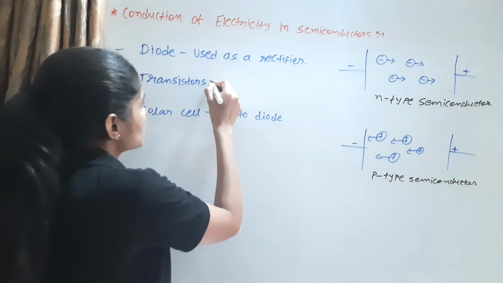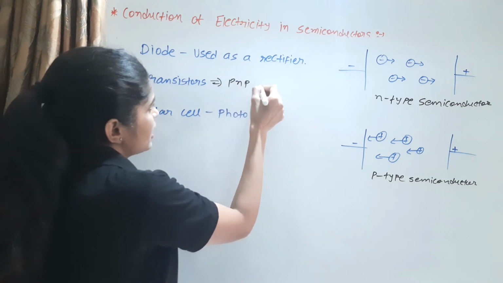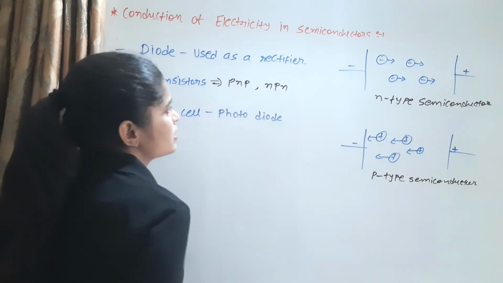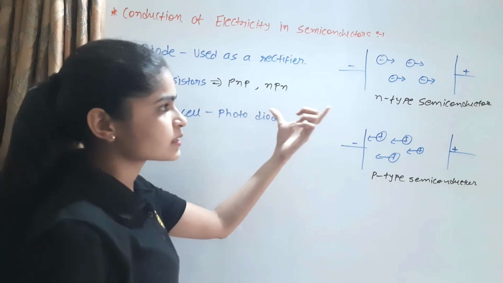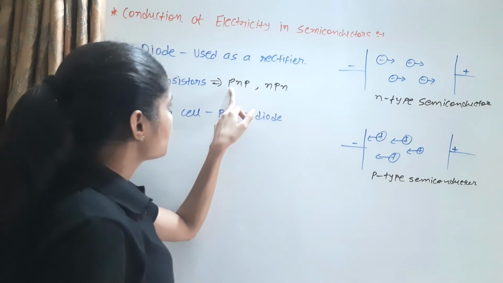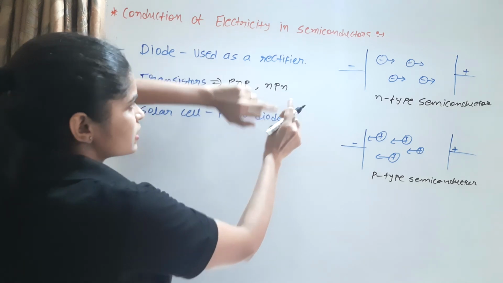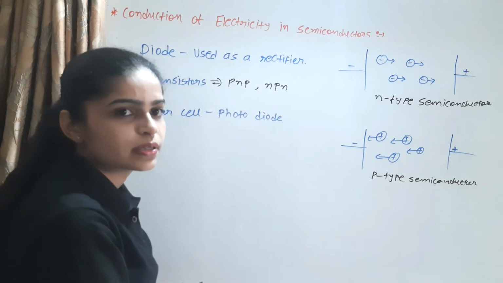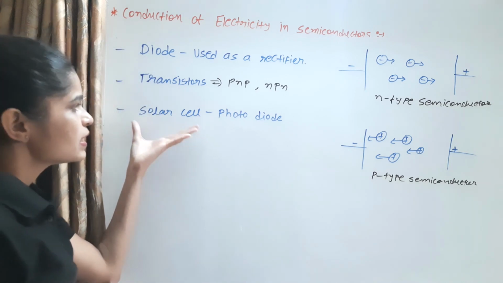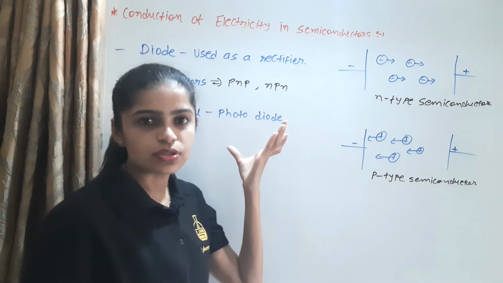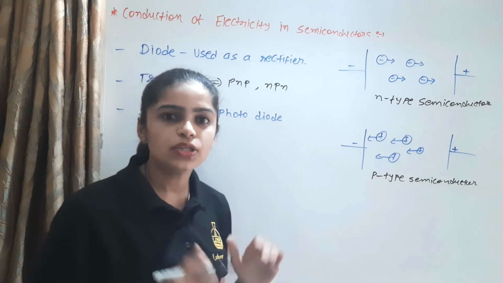In the transistor, PNP and NPN sandwich type semiconductors are used. Then next, the solar cell. In the solar cell, a photodiode is used. It converts radiant energy into electrical energy.